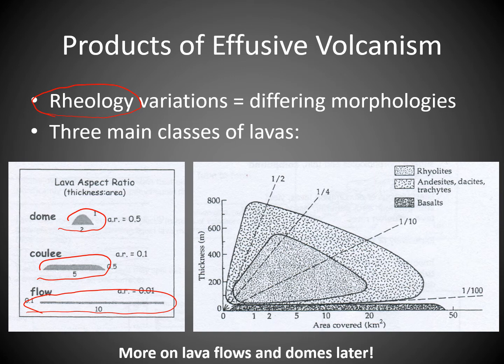Coulees are a little thicker and a little shorter, so their aspect ratio is a little bigger. And then lava domes are very short, stubby, but very tall.